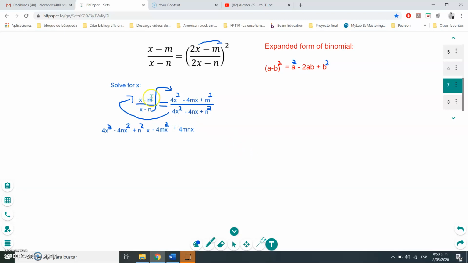Now we have minus m times n squared, that will be minus mn squared.